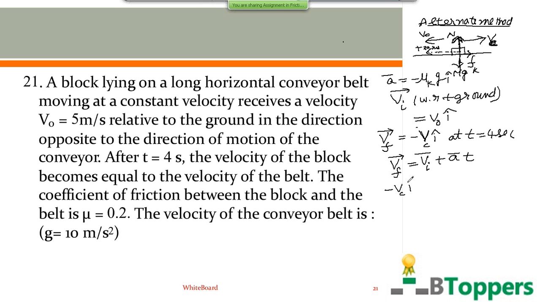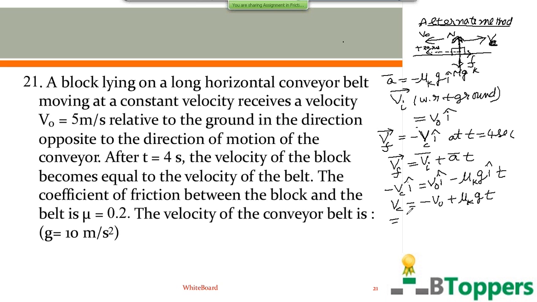So minus Vc into i cap equals plus V naught into i cap, plus a bar, which is minus mu k into g into i cap, into t. So i cap is common in all the terms. If you multiply the equation by minus 1, you get Vc equal to minus V naught plus mu k into g into t.